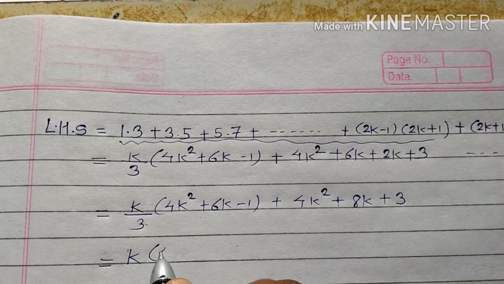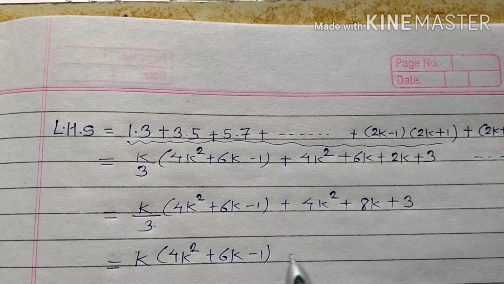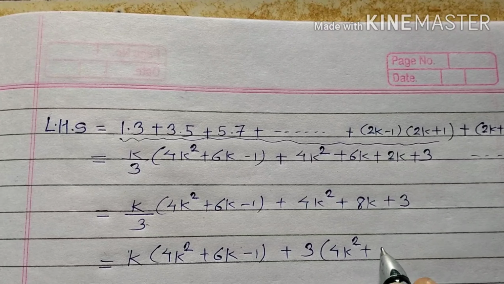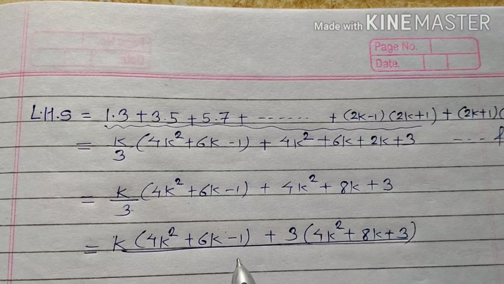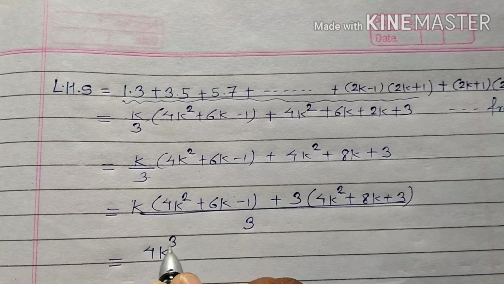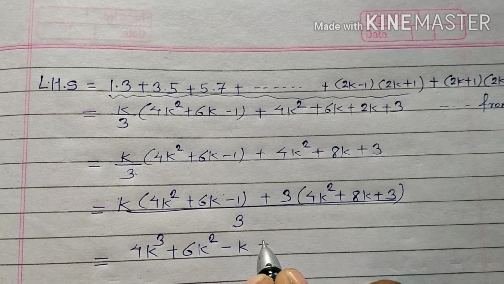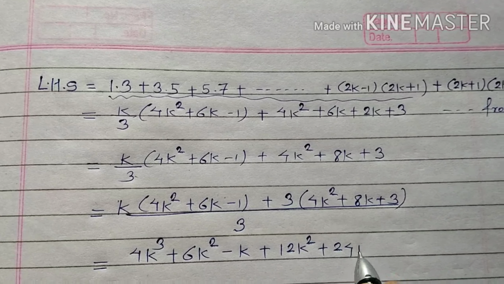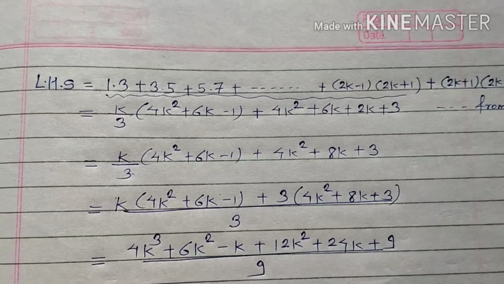Now this 3 multiply here and this k multiply here. So k into 4k square plus 6k minus 1 plus 3 into 4k square plus 8k plus 3, and this divided by 3. So the next step is 4k cube plus 6k square minus k plus 12k square plus 24k plus 9 upon 3.